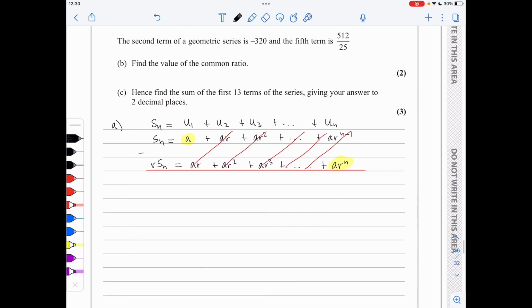So I could say that Sn minus rSn is a minus ar to the n. I will factor out the Sn. Sn times (1 minus r) is a times (1 minus r to the n), which means that Sn is a(1 minus r to the n) over 1 minus r, as required.